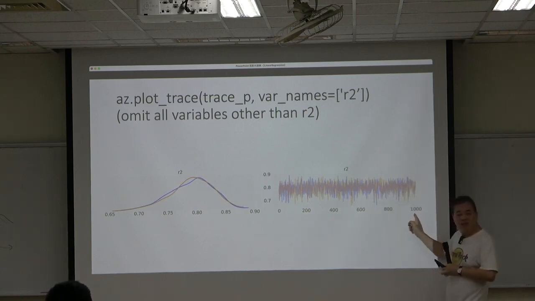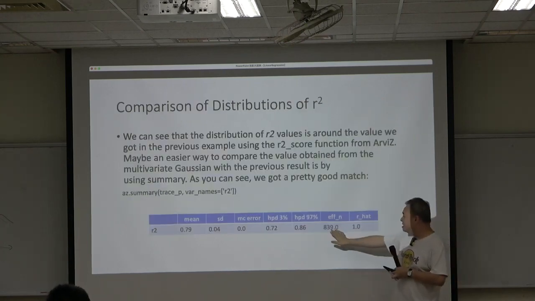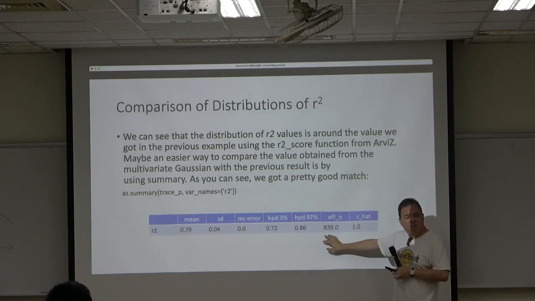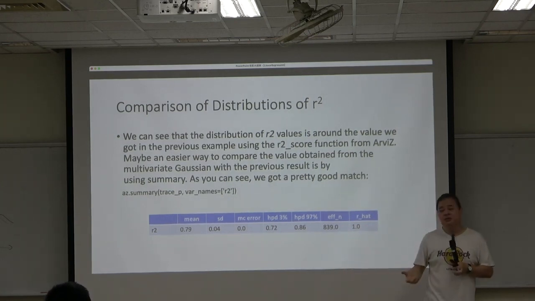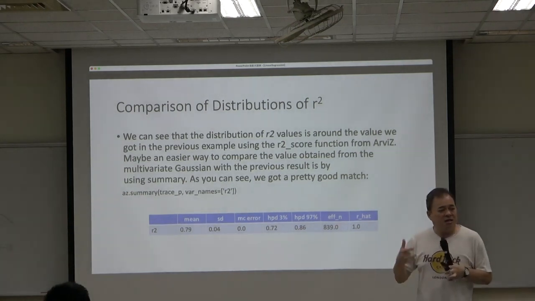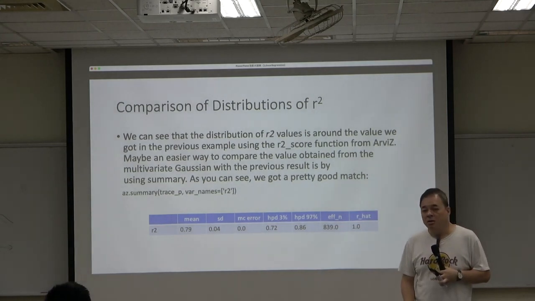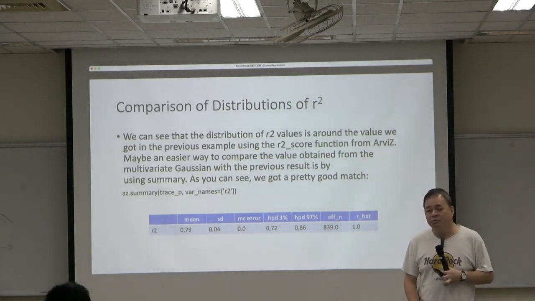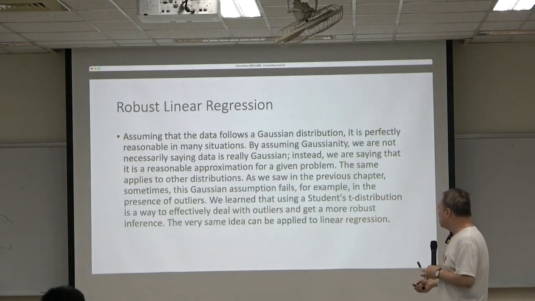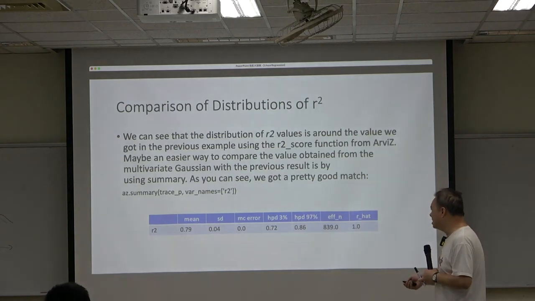We drew about 1,000 samples, and the effective sample size is quite good, close to 1,000. I'm not saying that it's exactly 1,000, but it's close enough. It's more than 80% of the samples, so it's pretty nice already.